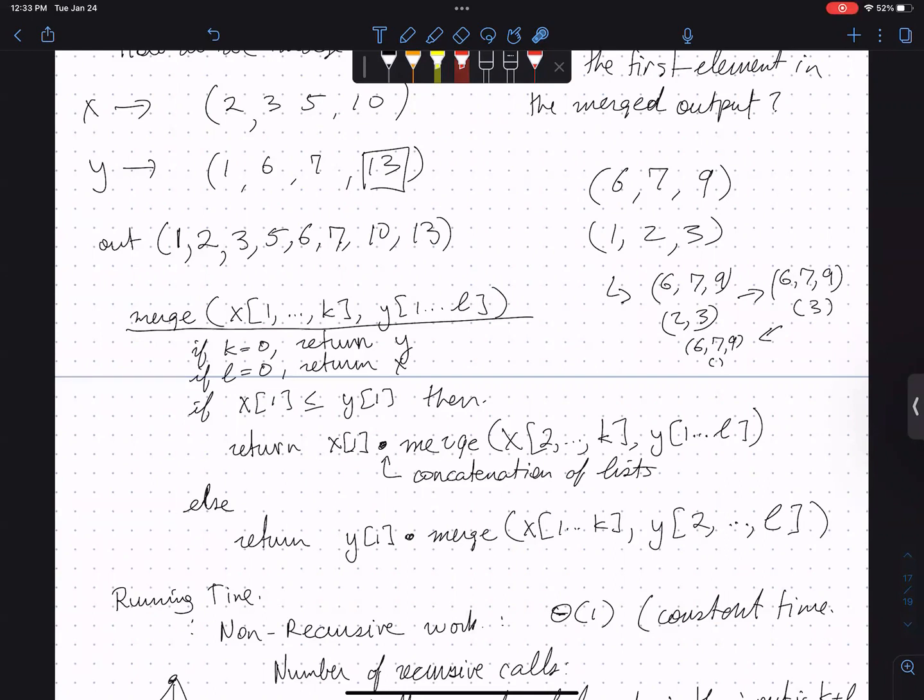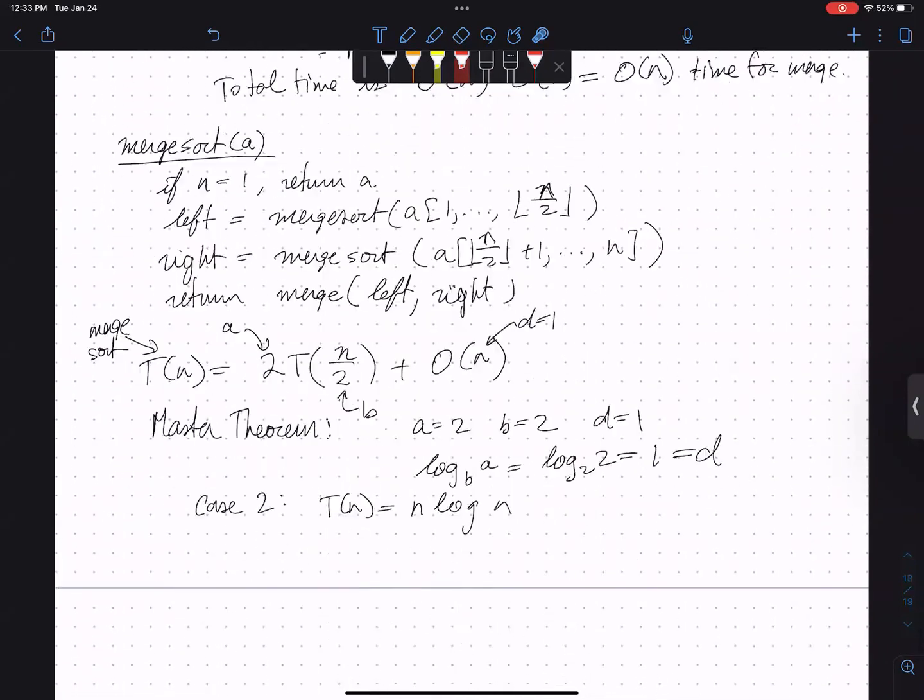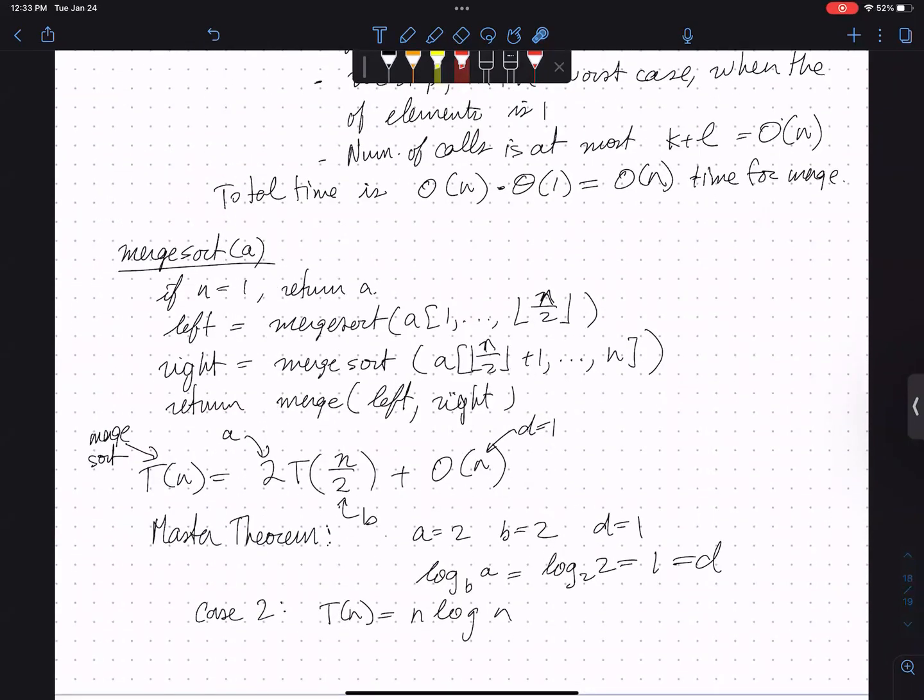Other questions? How much work do you have to show when using the master theorem?